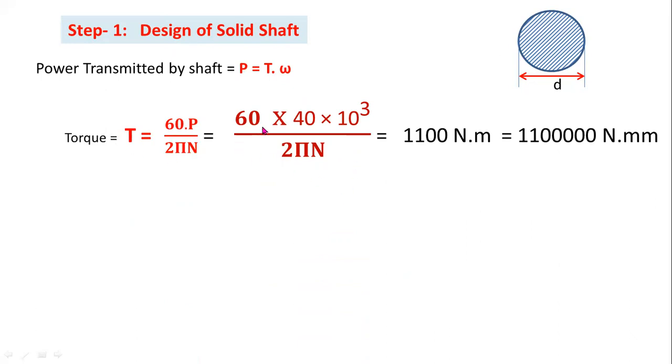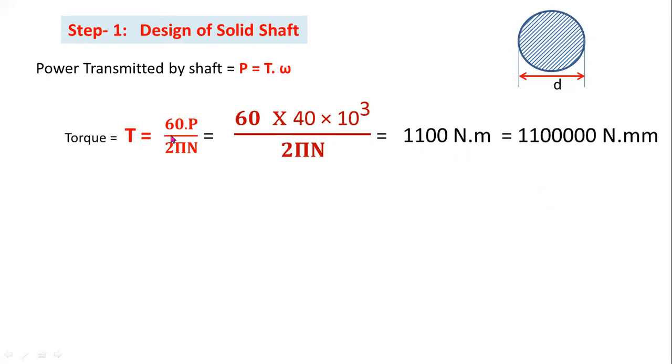Here the power P equals 40 kilowatts, so 40 into 10 power 3 divided by 2 pi N. The speed is also given. After substituting the speed, you can get the value of torque. Torque T equals 1100 Newton meter.